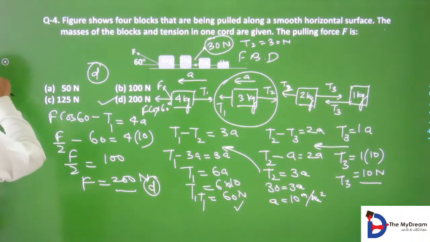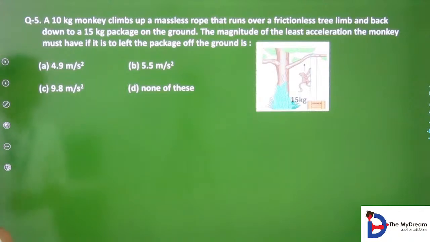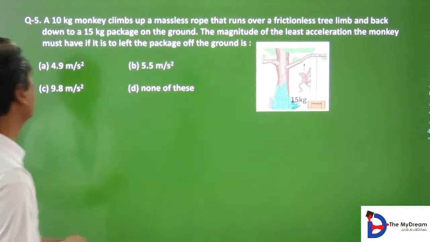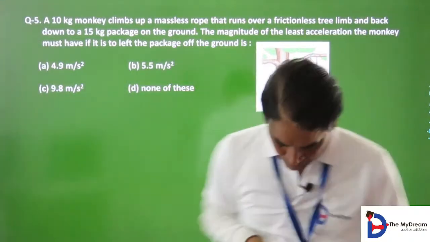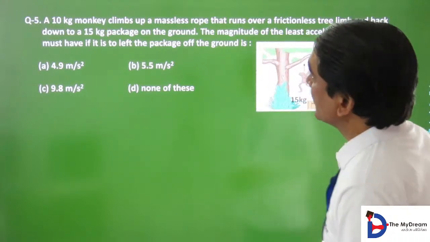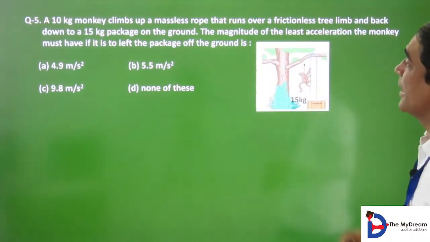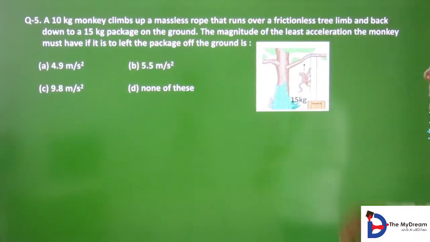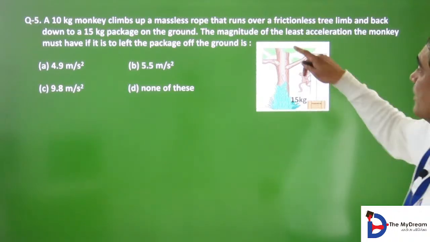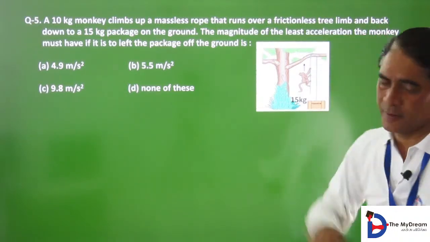The next question is: a 10 kg monkey, the mass of the monkey is 10, climbs up a massless rope that runs over a frictionless tree.